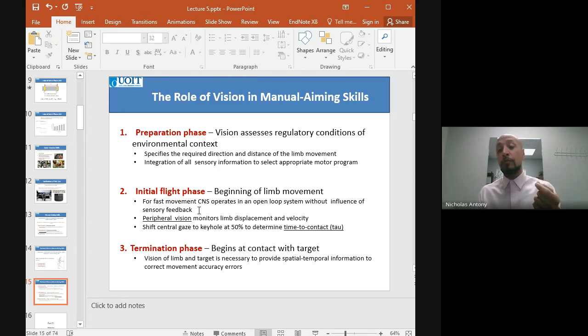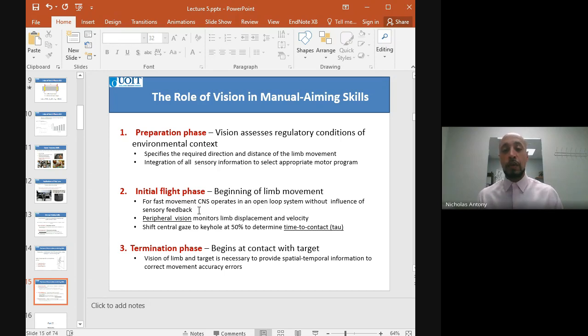But if we are trying to move accurately, then as we move to reach for the target, we look at the target, and that helps us establish tau, or time to contact, based on the relative change of size. Our body or brain can process estimated time to contact. Peripheral vision is going to monitor our movement.